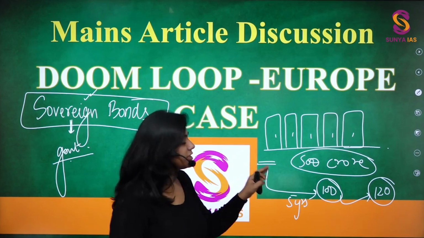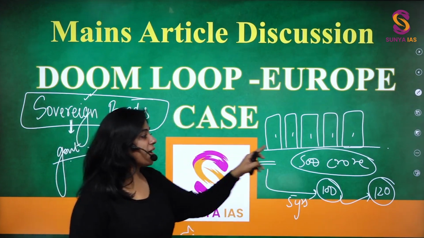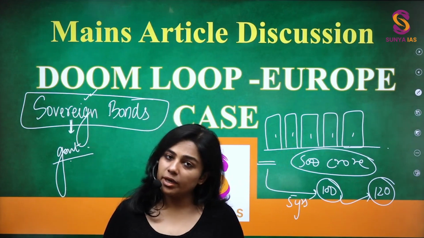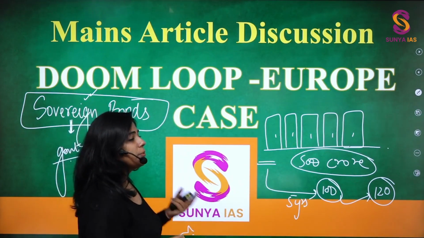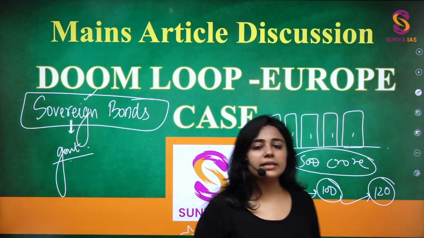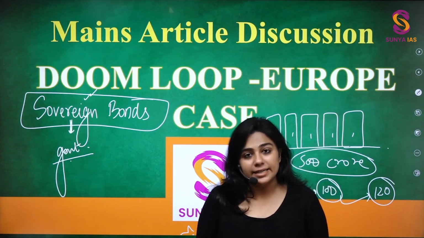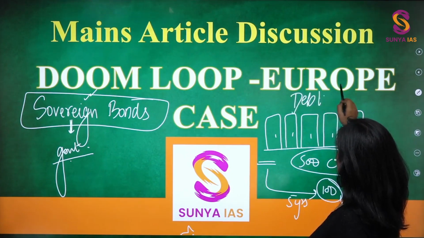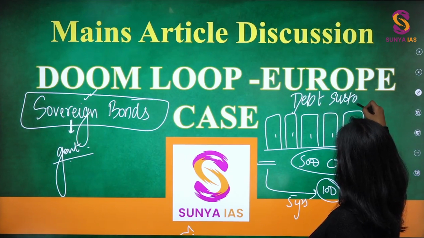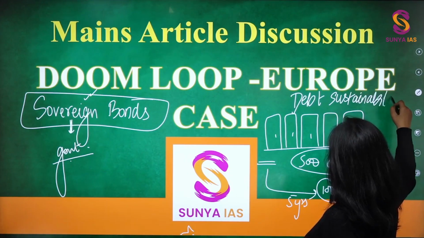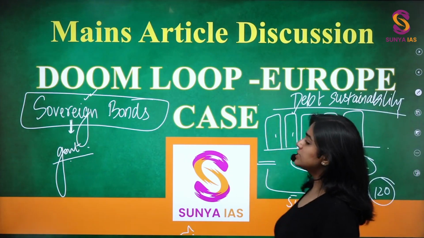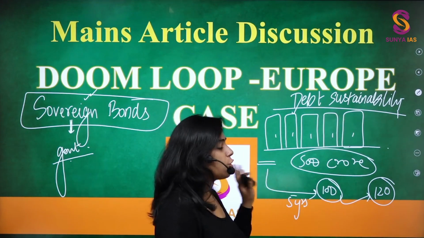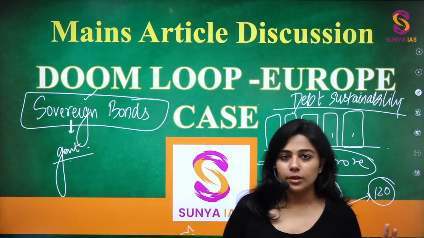If you are sure that within 5 years, these 5 schools will be completed anyhow. How will you be sure? When the government is performing well on its indicators. So, when the debt sustainability of the government is good, when the performance indicators of the government are good, only then you will go for sovereign bonds. That is the truth.